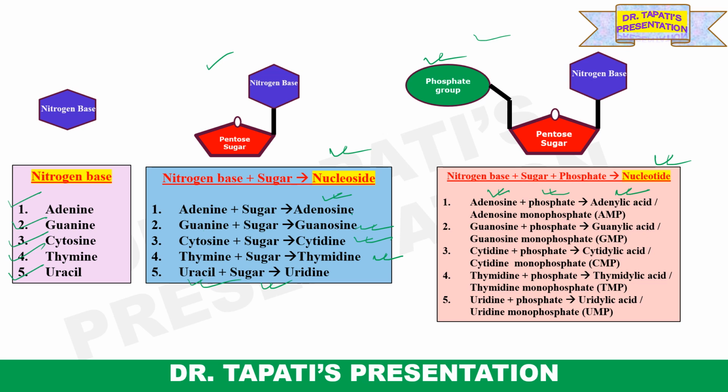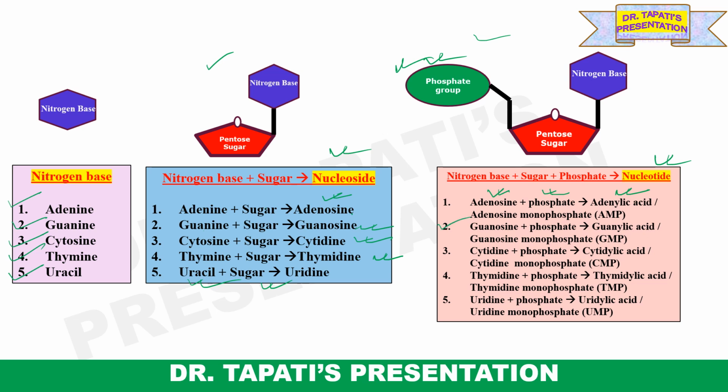So it is monophosphate. If two molecules of phosphate group are attached, then it will be adenosine diphosphate, and if three phosphate groups are attached with adenosine, in that case it will be ATP.